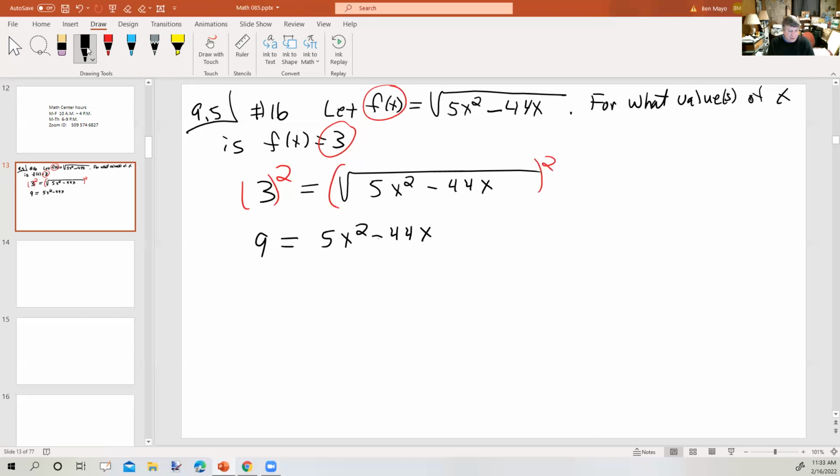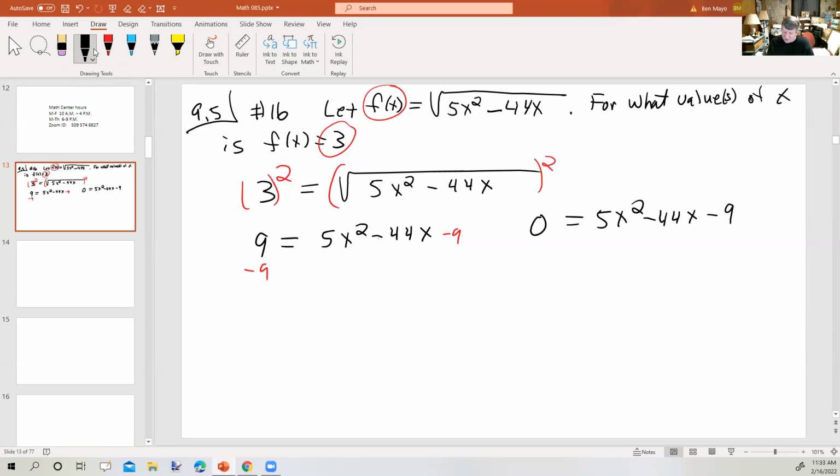Now we have a second degree equation, so we want to put it in standard form. So we'll subtract 9 from both sides of the equation, which gives us 0 equals 5x squared minus 44x minus 9. So I now have a second degree equation in standard form. It is a trinomial.